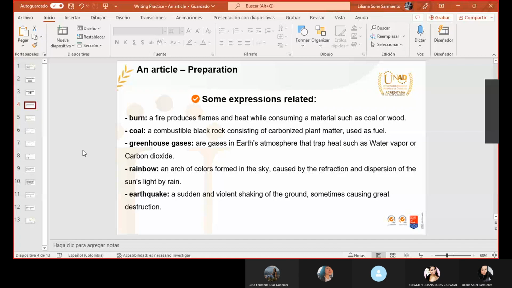Yes, it's a combustible black rock consisting of carbonized plant matter used as fuel. Fuel is something like, for example, gasoline, fuel for an engine.